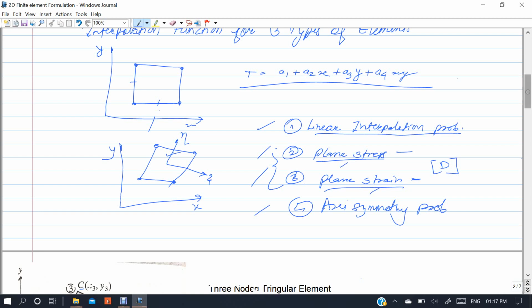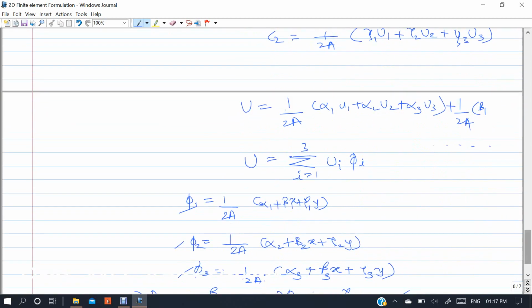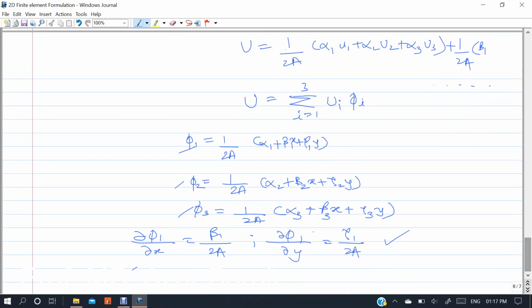At that time I will show you the derivation for CST, that is the constant strain triangular system. So stay tuned for the problems for this type of derivation. There are almost 3 to 4 problems over this linear interpolation, so we will cover them in the next lecture. Okay, thank you for listening.